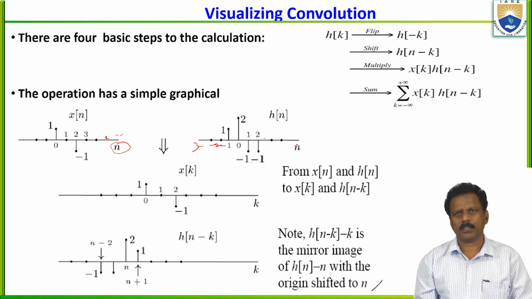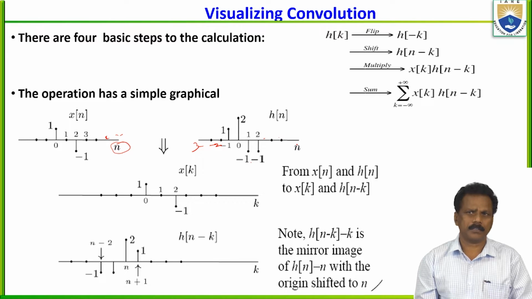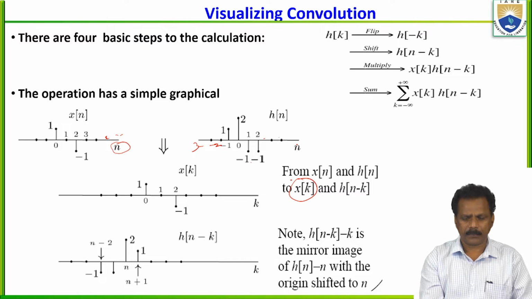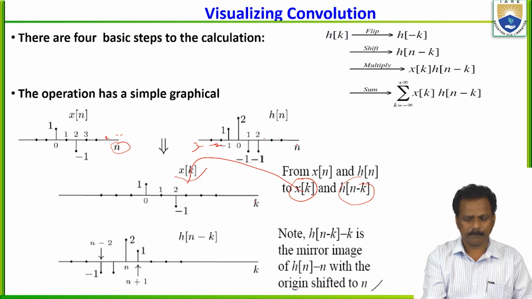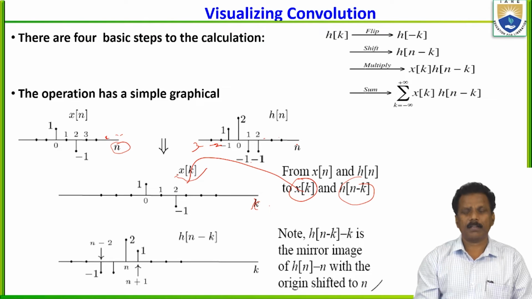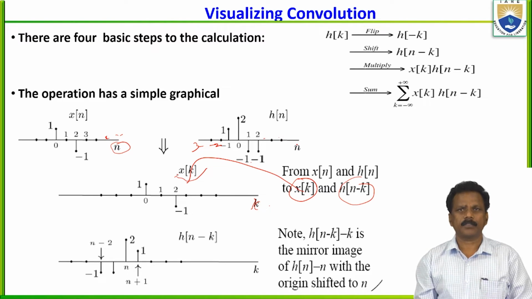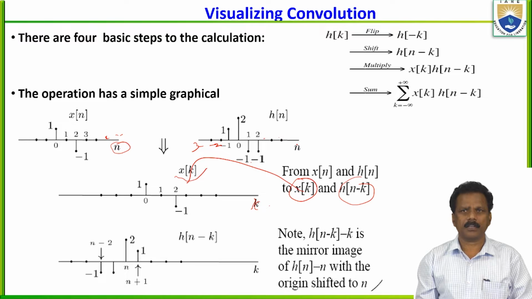It is right to verify where we go from x of n and h of n to x of k and h of n minus k. X of k we can verify here, where k versus this value, like this.